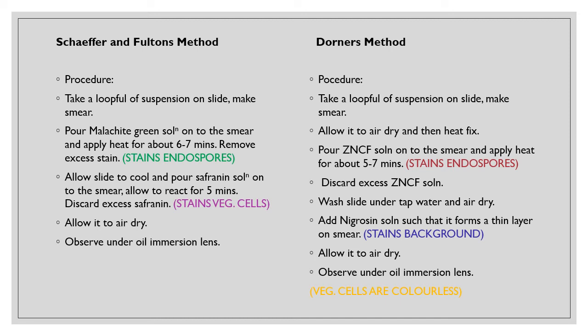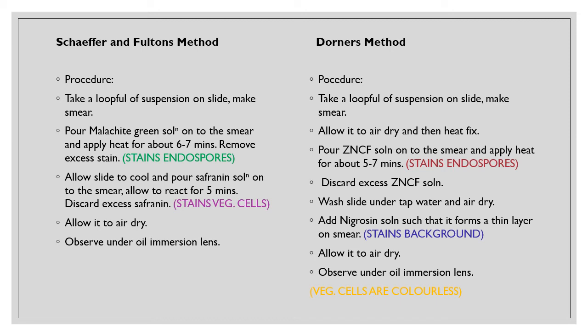Okay, so here we are not focusing on the background, we are trying to just stain our vegetative cells and endospores. So if you get a very old sporulated culture, then you will not find vegetative cells, or you will find very few vegetative cells. Okay, so depending on how old your culture is or how much it is sporulated, the number of endospores will differ.